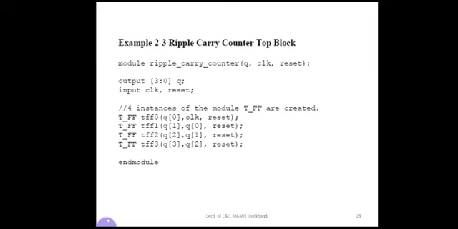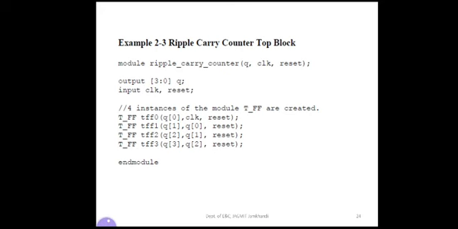Now we are going to instantiate 4 instances of the module T flip-flop, because in the 4-bit ripple carry counter we have 4 T flip-flops: TFF0, TFF1, TFF2 and TFF3. As this is gate level modeling, the instantiation is done according to the design in the block diagram. TFF0 is the instance name.